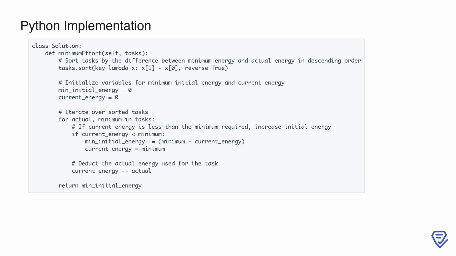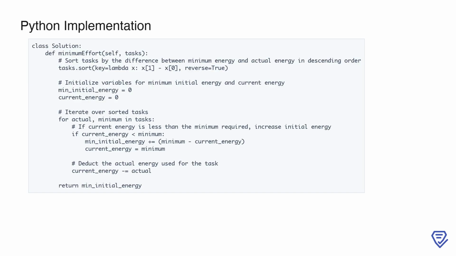After sorting, we initialize two variables, min_initial_energy to keep track of the minimum energy required to start, and current_energy to simulate the energy available as we process the tasks. The algorithm iterates through the sorted list of tasks. For each task, it checks if the current energy is less than the task's minimum energy requirement.